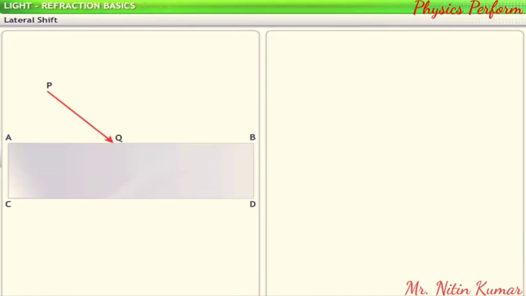Consider refraction of light through the glass slab ABCD shown. Light ray PQ is incident at Q on the face AB of the slab and refracts on passing from air to glass. In the glass, the refracted ray QR is incident at R on the face CD of the slab.